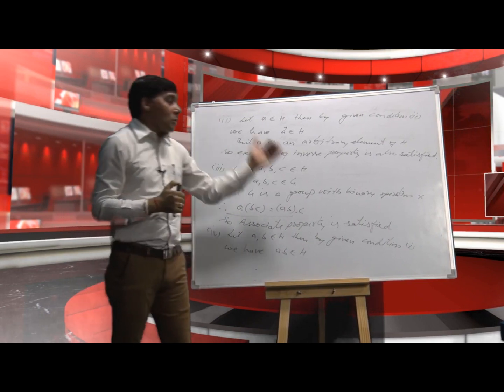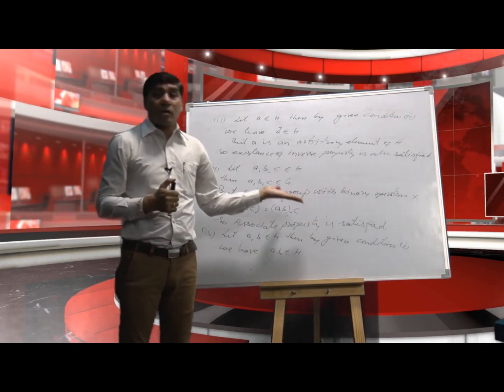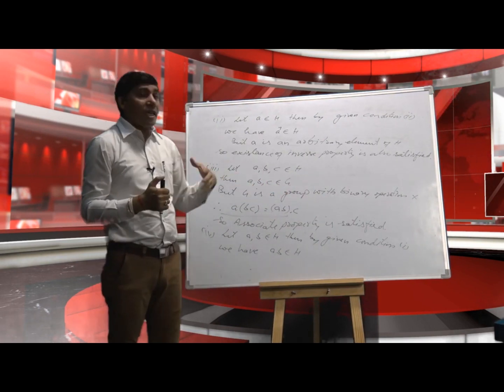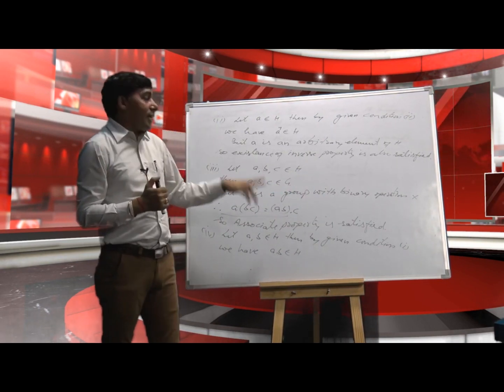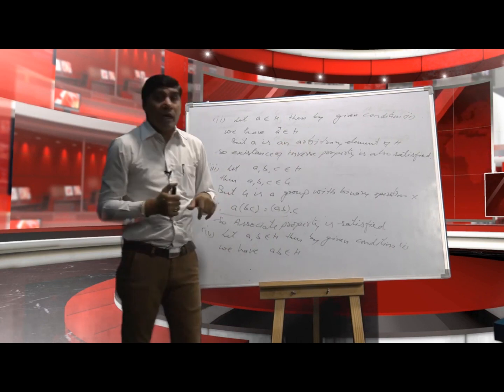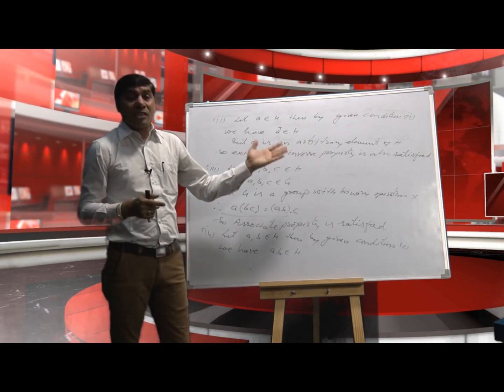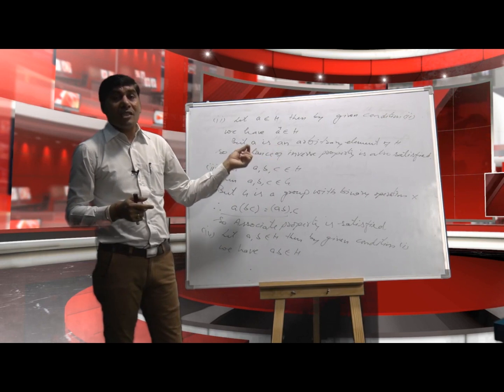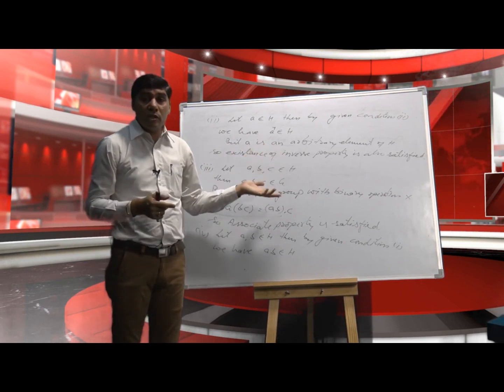So H satisfies all the properties of a group. So H becomes a group with binary operation multiplication, and H itself is a complex of G. Therefore, H is a subgroup of G.